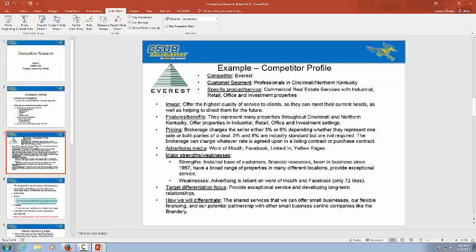What are their strengths or weaknesses? Strengths would be convenience and quickness. Not a lot of competition. There's very few competitors, I would say. How about we say that they're a first mover?